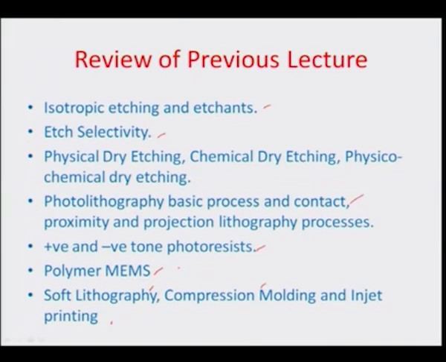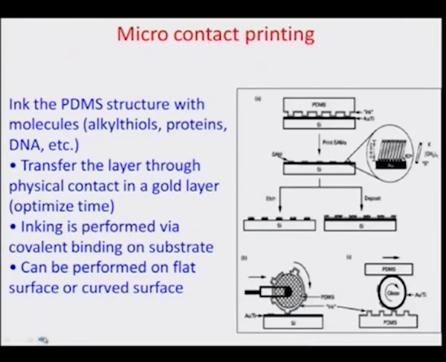Okay. So we will now start with some other soft lithography techniques which come from the same replication and molding technique. The first technique which is of a lot of prominence is micro contact printing. Here the basic process is somewhat similar to inking or stamping.